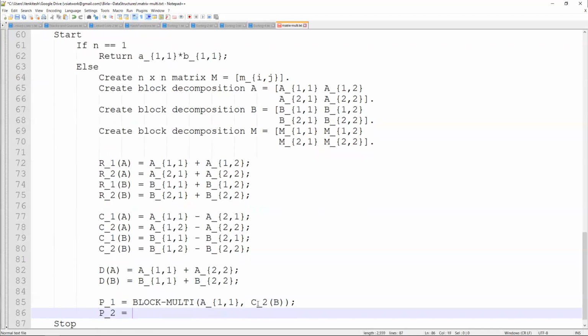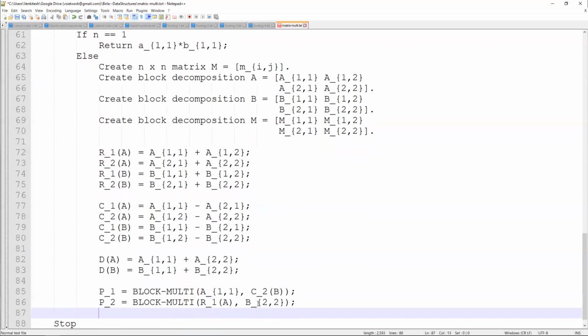P2 is, let's say, block multi of R1A and B22. P3 is block multi of R2A and B11.